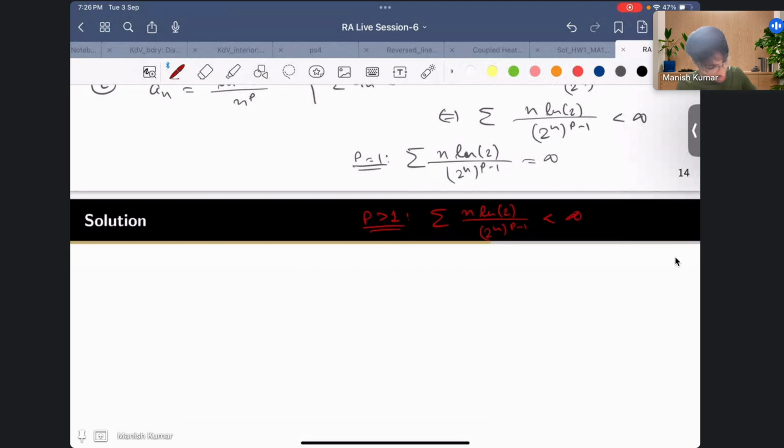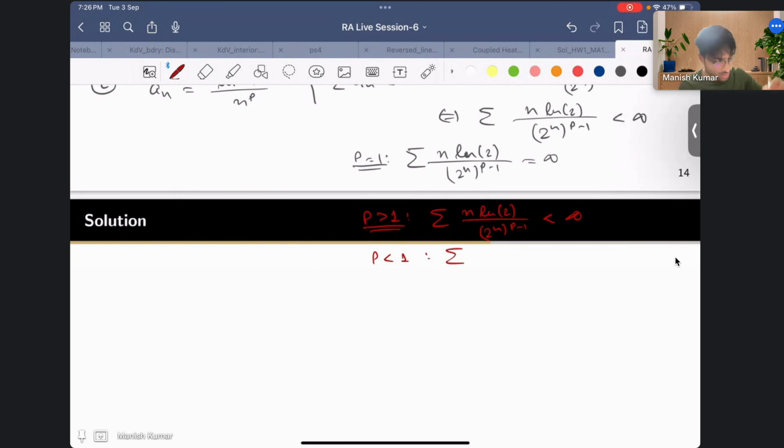And now when you take p to be less than 1, because this 2 raised to the power n has higher growth, I mentioned this also, that the growth of n is less than the growth of 2 raised to the power n. Okay, so that's why you can check that this is convergent.